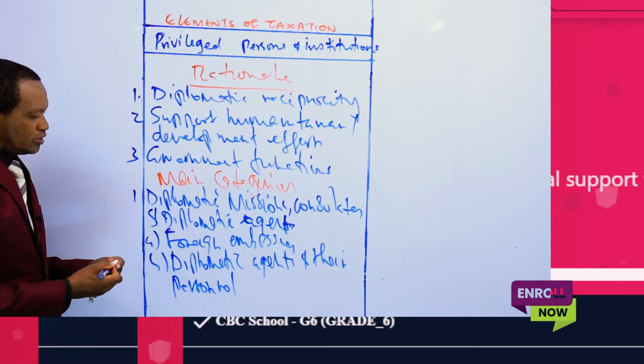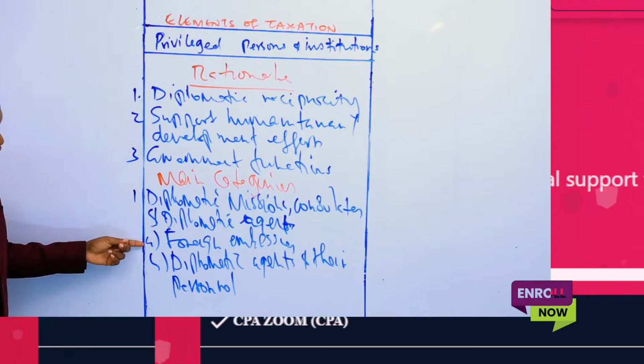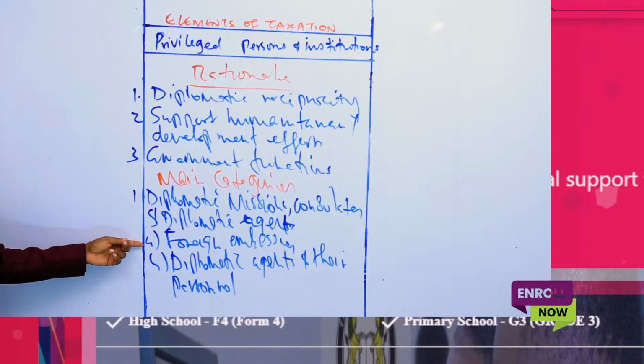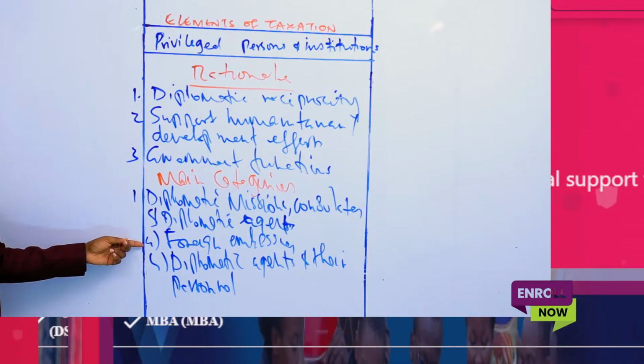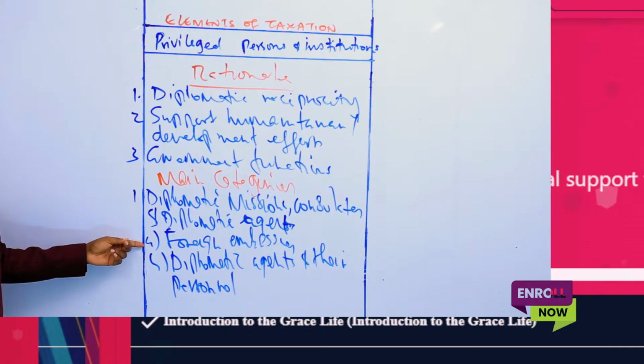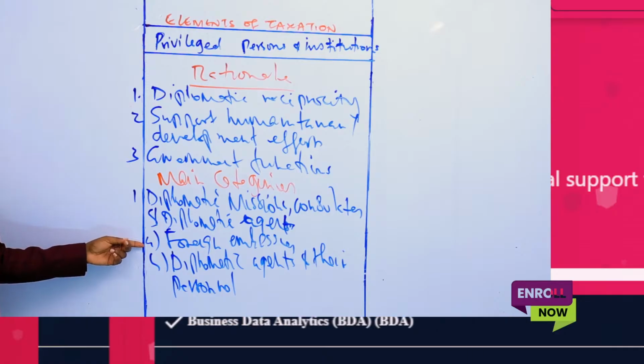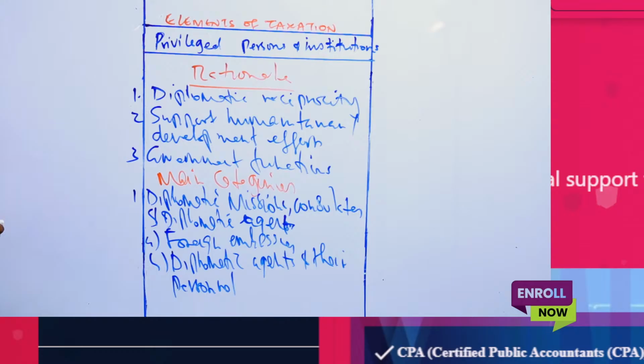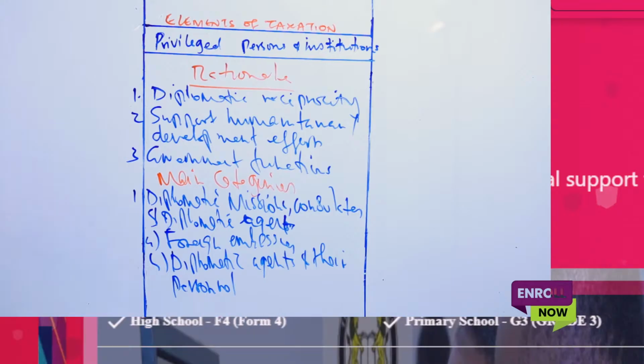Now, candidates, the first group is foreign embassies, consulates, and so on. So all taxable supplies, which include goods or services, for these bodies are zero rated.